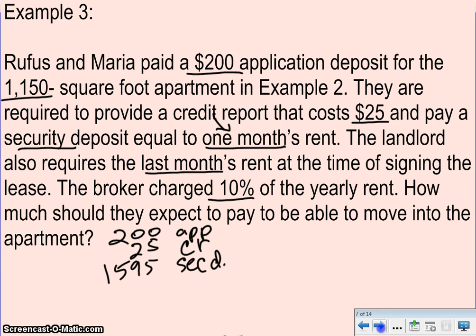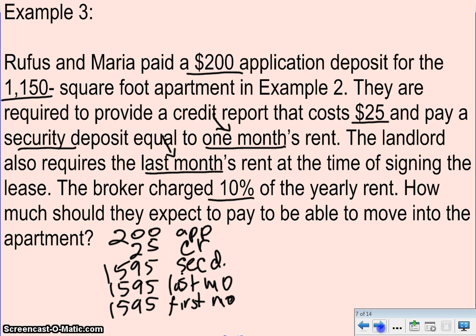Next we had last month's rent of $1,595. And then we have this month's rent, the first month's rent of $1,595. And now we just have to figure out the broker fee.